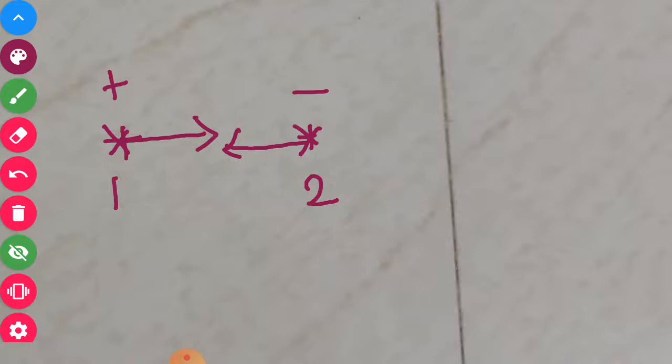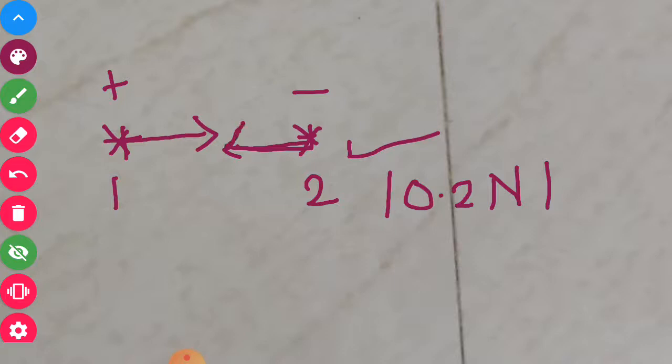So we can say the magnitude of force on 2 by 1 is 0.2 Newton only, but the direction will be opposite to the force experienced by the first. First is experiencing the force from left to right, towards the right, and the second charge is experiencing the force towards the left.